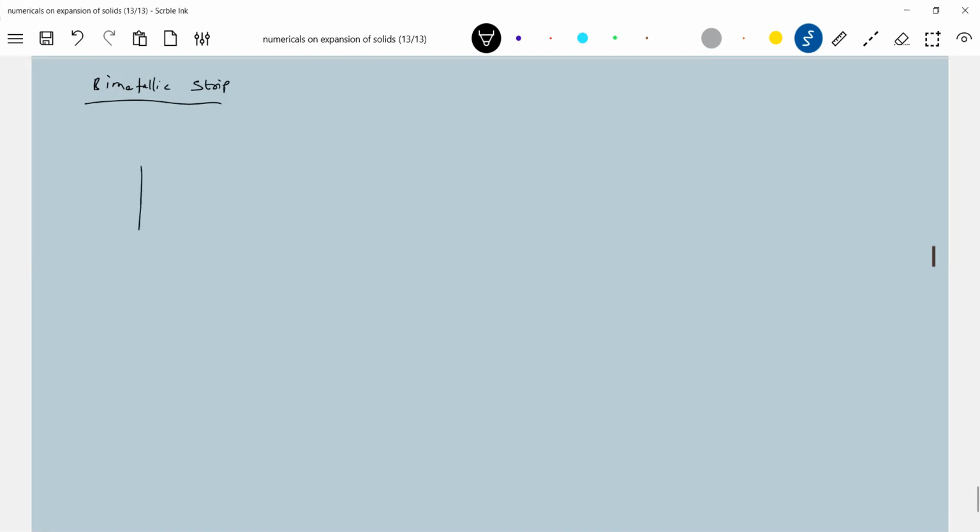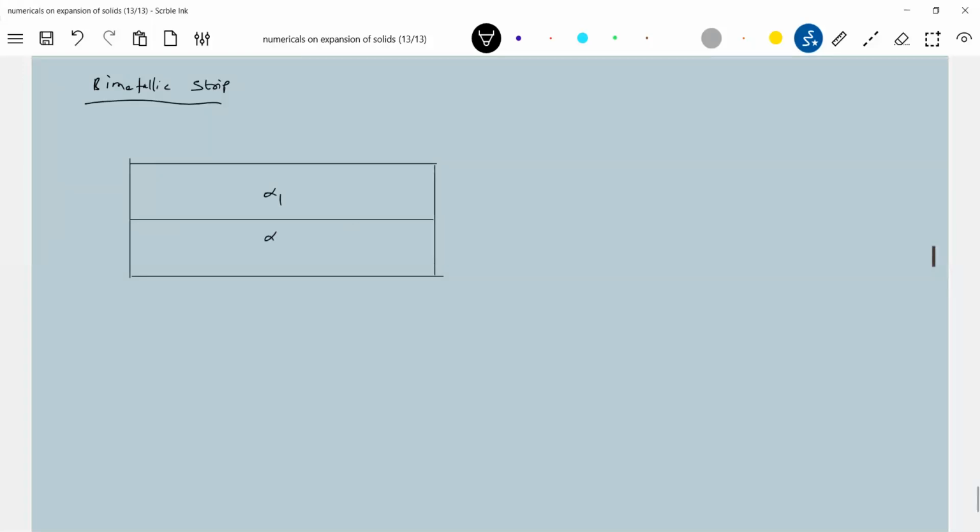So we have a bimetallic strip. I will do welding for these two things. There is a material of length, alpha 1, alpha 2. They are welded.